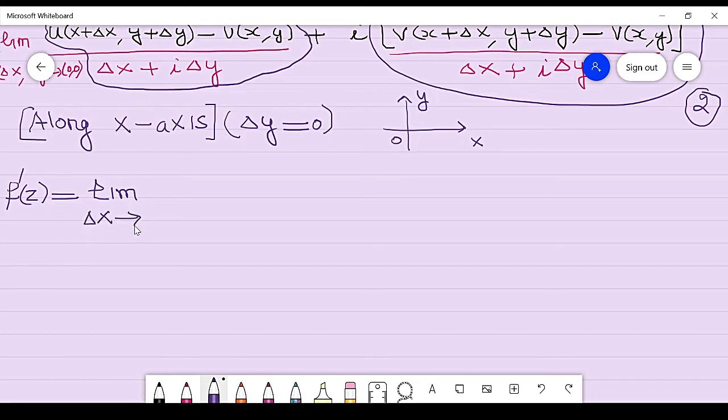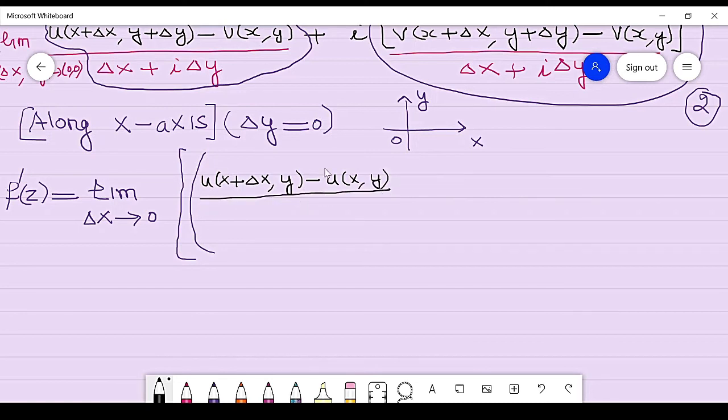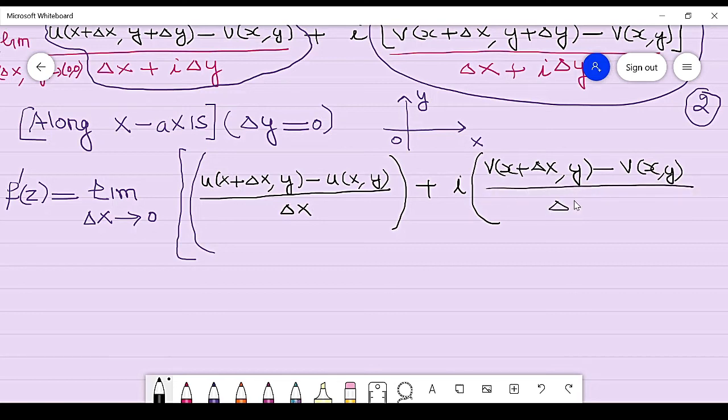So first, delta y is 0, so this is u(x plus delta x, y) minus u(x, y), as in equation number 2. Since delta y is 0, the denominator is just delta x. This value plus iota times this value, similarly v(x plus delta x, y) minus v(x, y) over delta x.